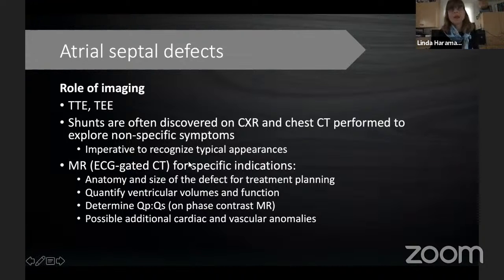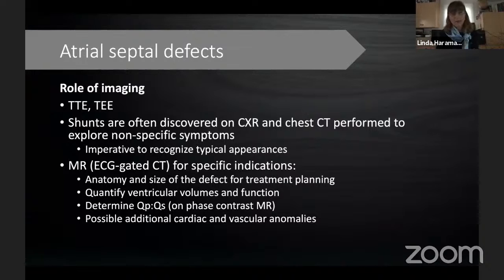We can also evaluate the flow based on differences in the stroke volumes between the two ventricles, which is really our only tool if we're trying to estimate the QP/QS on CT, because there's no way of directly measuring flow. We have to just go based on the stroke volumes.